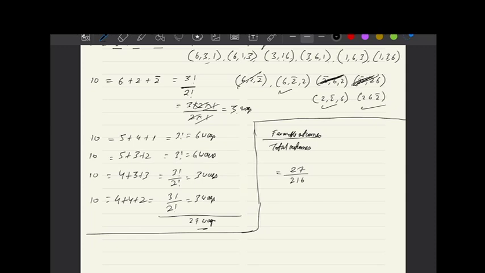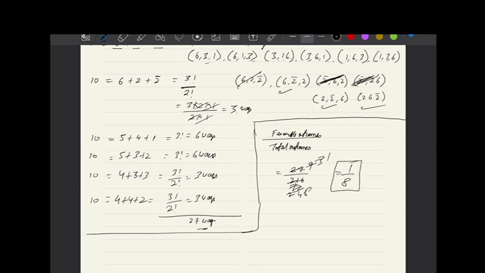Now if we simplify this, 27 over 216, dividing by 3 and then by 9, we have 1 by 8. So this is the probability.